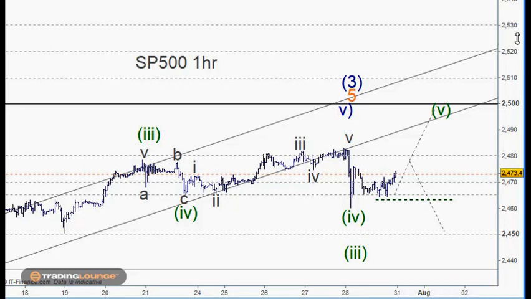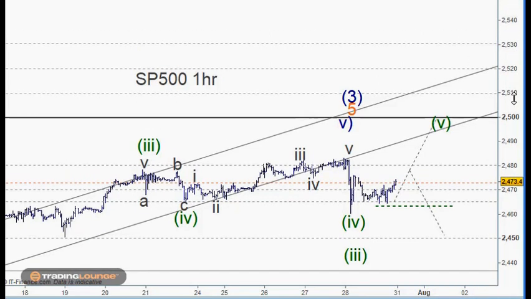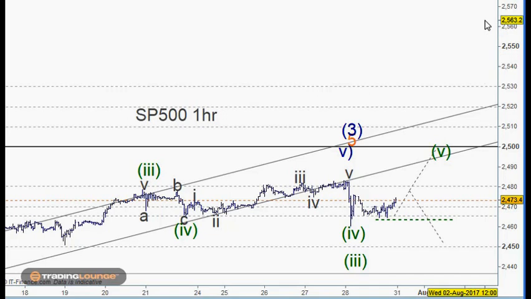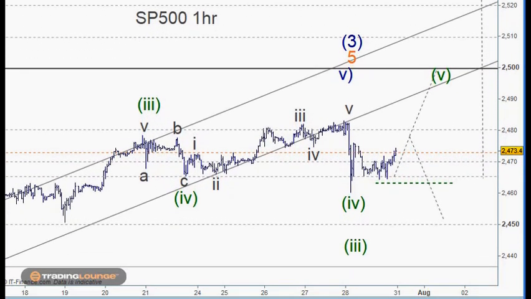If we got support on 2530, then I know that we would be heading up. I would simply trade up from that point if we got a tested support. But while the market is in this space, it's still doing the dance of this number. So I've just got to be a little bit careful.